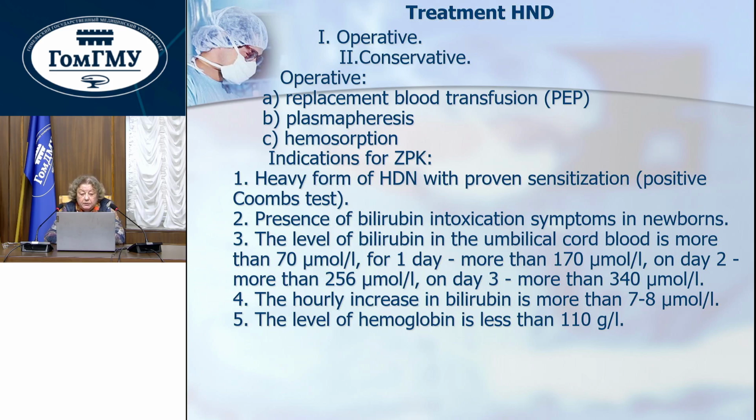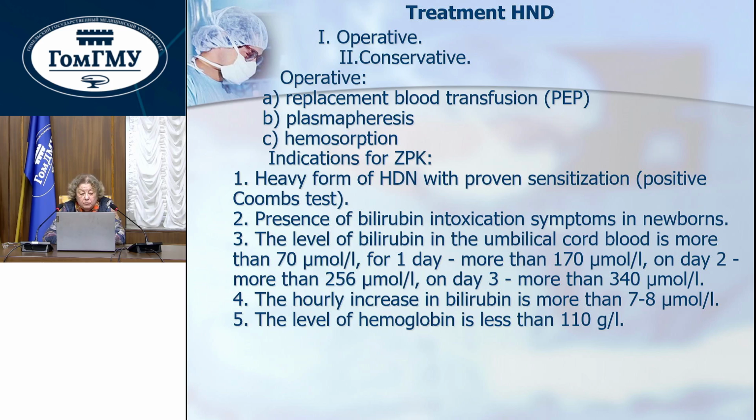Indication for replacement blood transfusion is heavy form of hemolytic disease with severe sensibilization, where we have a positive Coombs test. Then the presence of bilirubin intoxication syndrome in newborns. The next, the level of bilirubin in umbilical cord blood is more than 70 micromolar per liter and more than 170 micromolar per liter for the first day.